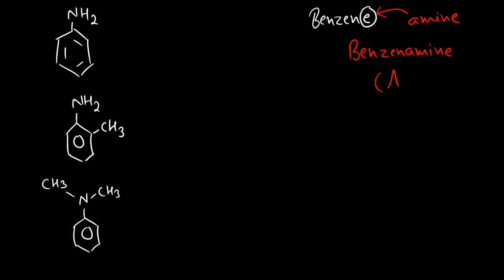So one more thing you can see here, they are having its common name, that is aniline. So what is going to be its name? Here benzene is coming with NH2, so it's going to be written as benzene amine. Just make sure the last E, the suffix E of the benzene gets replaced by amine.